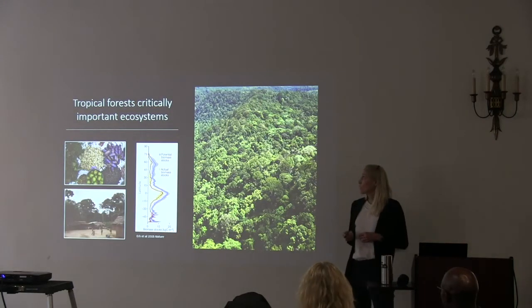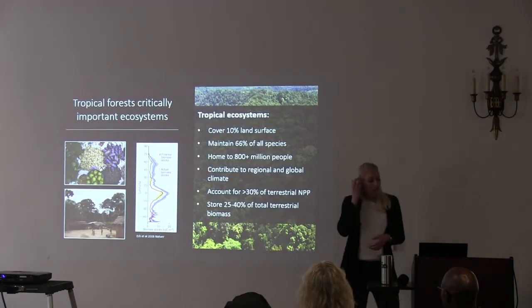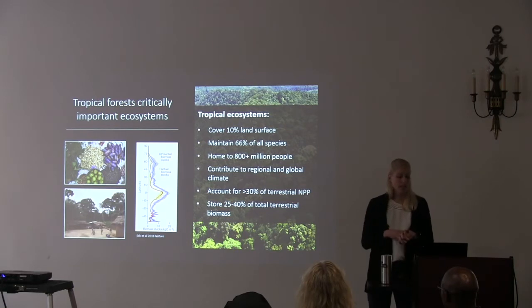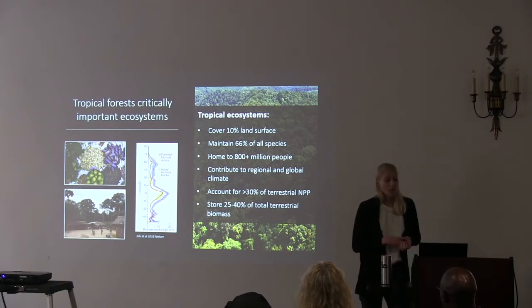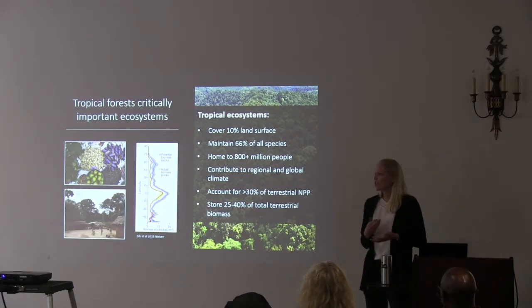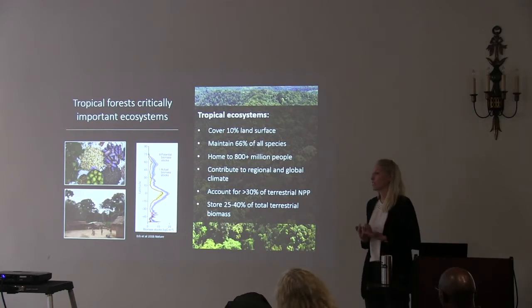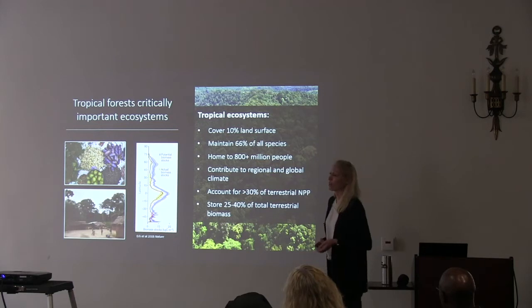The reason this matters is because these ecosystems are incredibly important. Despite covering less than 10% of the ice-free land surface, these systems maintain more than 2/3 of all biodiversity on the planet. They're home to more than 800 million people. The energy, water, and carbon cycles in these systems contribute to regional and global climate regulation.